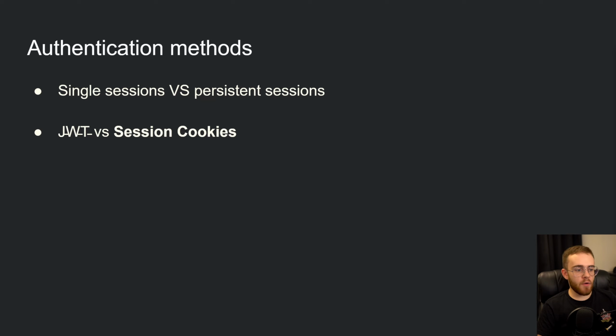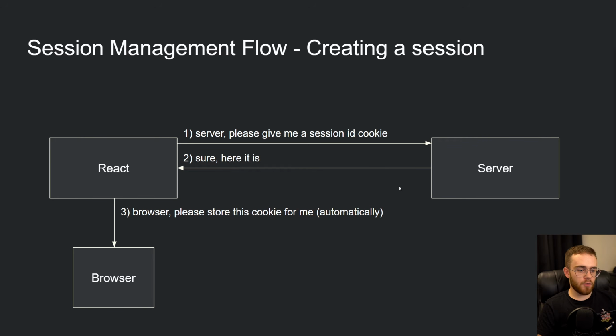So let's take a look at what a session cookie flow looks like. Let's imagine you have your React app, we have our browser, and we have a server. If a user signs up or signs in or uses OAuth to sign in, you're essentially asking the server to give a session ID cookie, right?